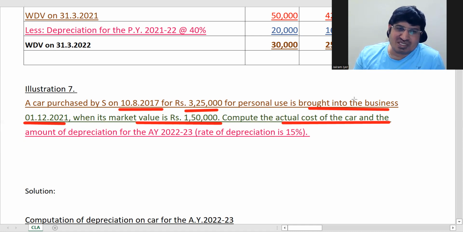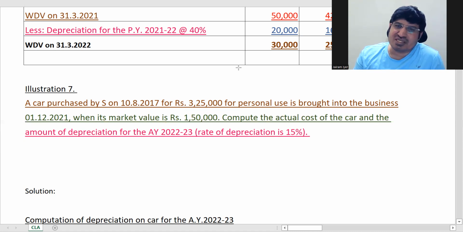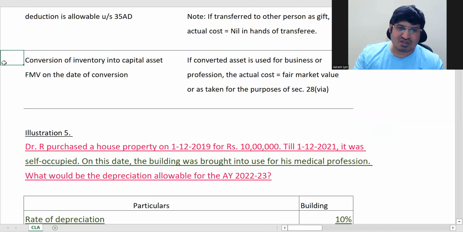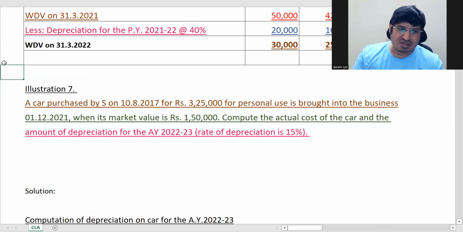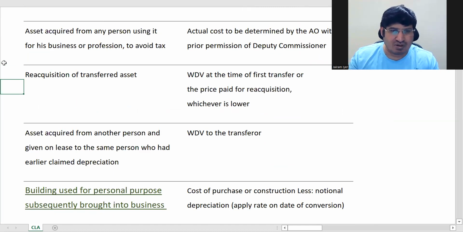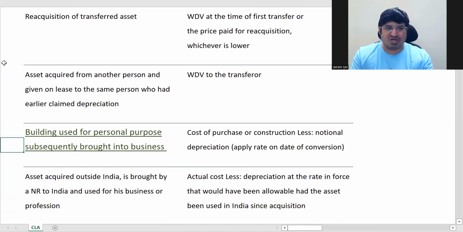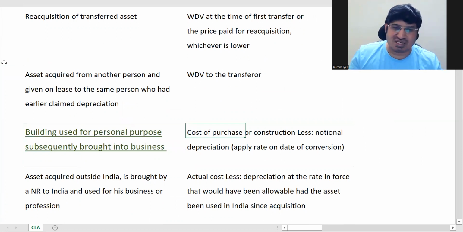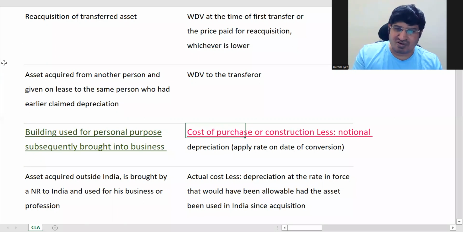Asset of personal use is brought into business, correct? So for this, here see this one: for personal purpose, subsequently brought into business. For this, what is the thing we have to do?